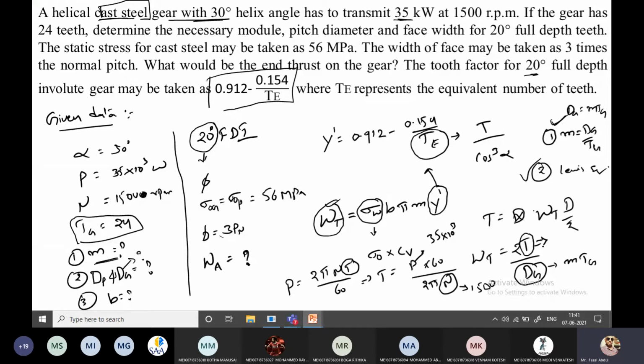So tell me the answer, how much torque did you get? Please reply. Everything is written on the screen. Please tell me the torque value, Babu.